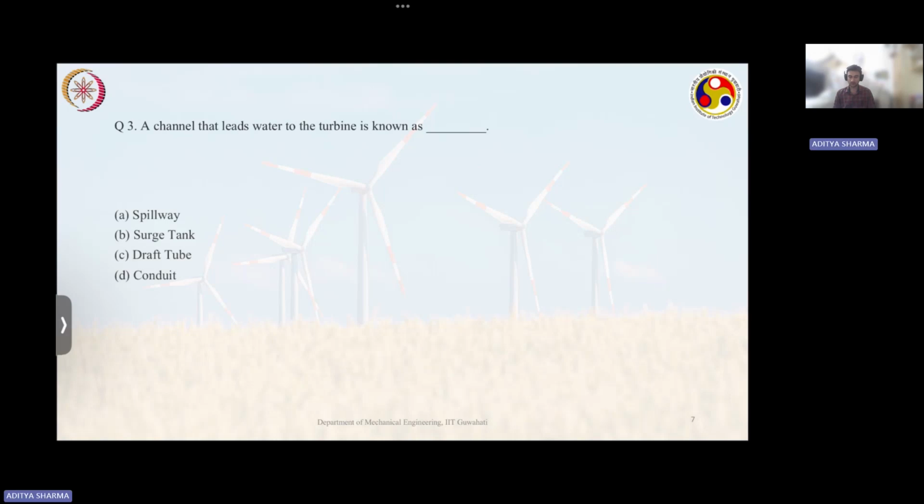So a channel that leads water to turbine is known as a conduit. D option.